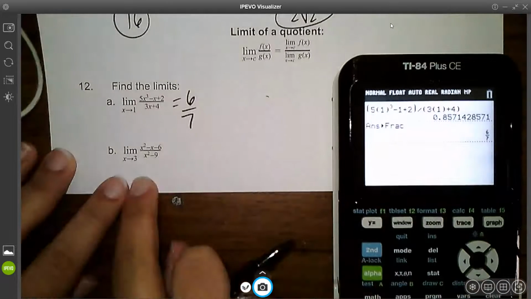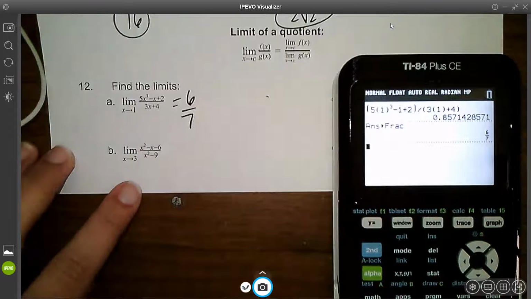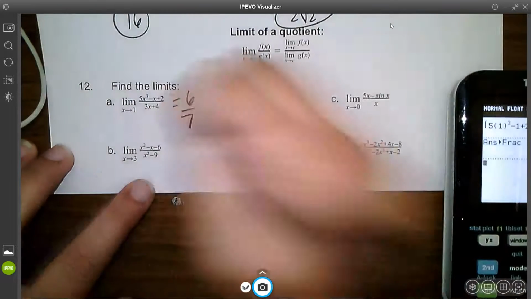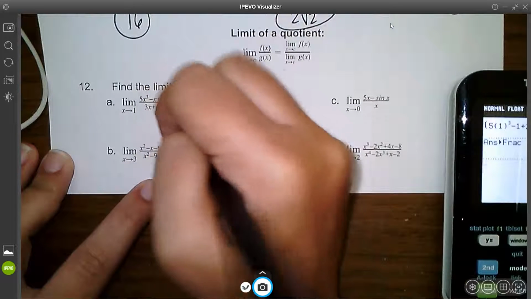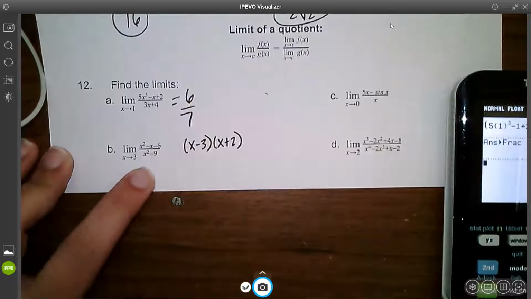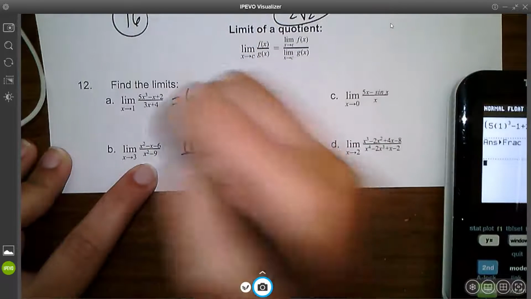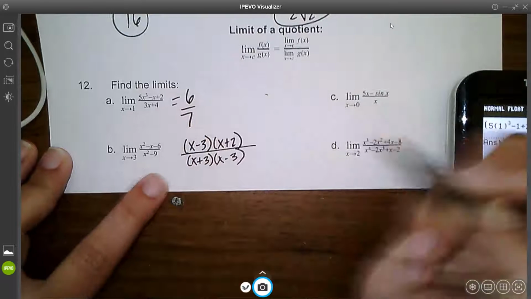B, if you plug 3 in here, you get 0 on the denominator. So I'm going to factor this guy. Factors of 6 that give me -1 are -3 and +2. The denominator is difference of squares, so that's x plus 3 times x minus 3.